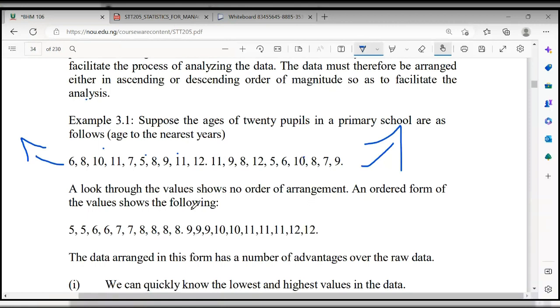Now begin to rearrange it. Pick 5, 5, 6, 6. Then 7, 7, 8, 8, 8. You arrange them accordingly. So what kind of arrangement is this? This one is ascending, from the smallest to the biggest.